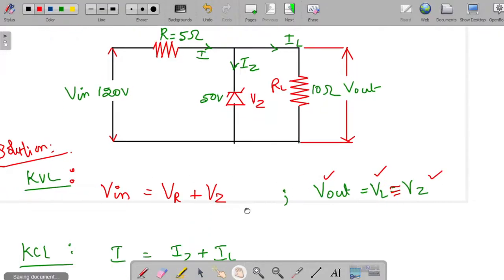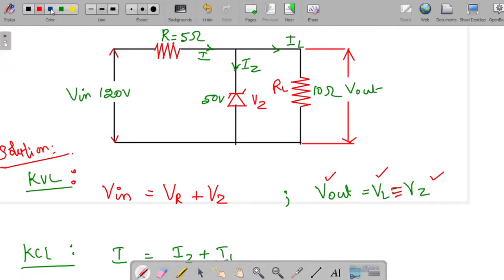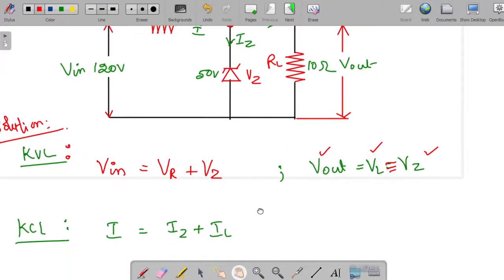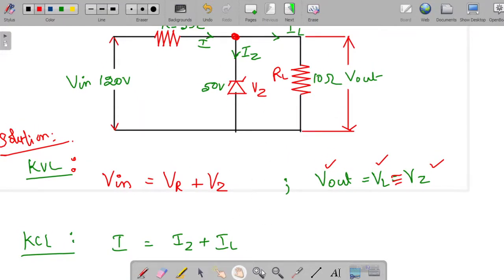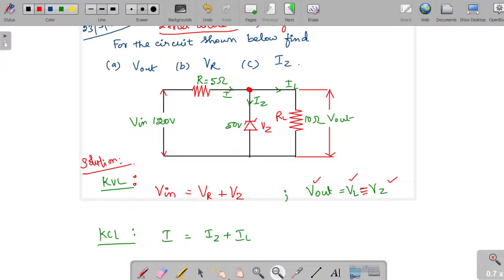One more thing, when we apply this KCL, Kirchhoff's current law at this particular node, then you should be knowing that this I is the total current which is coming out of this source. So this I will be equivalent to these two currents.